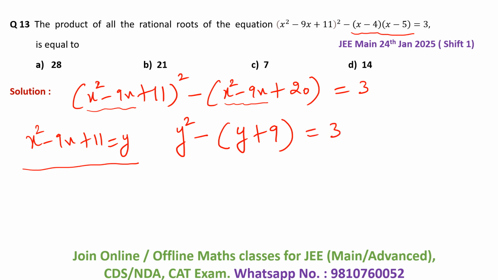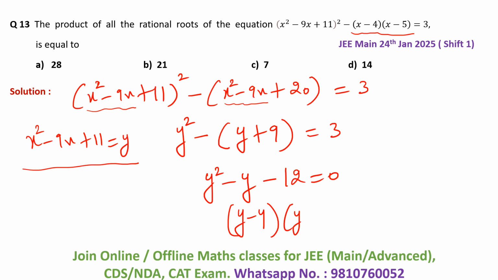Now we have got the equation as y² − y − 12 = 0. This can easily be solved, and this is (y − 4)(y + 3) = 0. So we get two values of y, and they are 4 or −3.